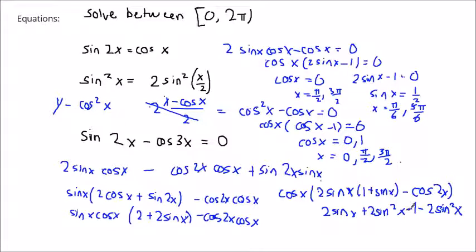This is minus, so minus and a minus means a plus. So we have 4 sine squared x plus 2 sine x minus 1 equals 0, and then we have this cosine x on the outside. And there you go. That's it.